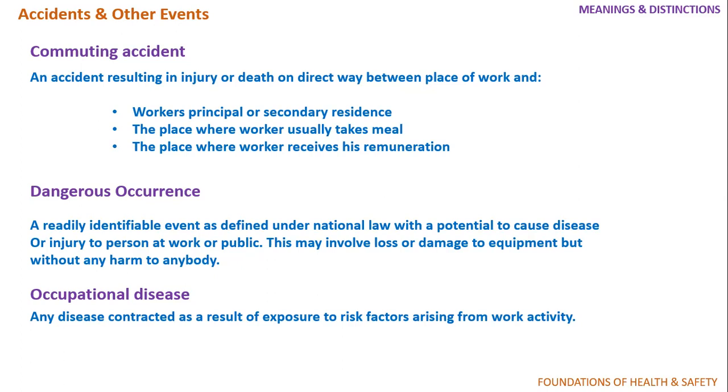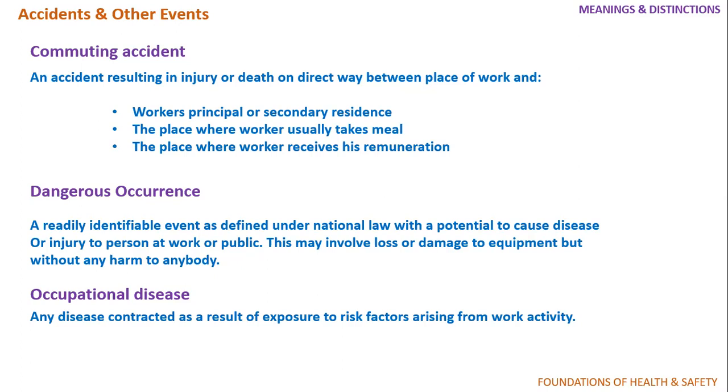Dangerous occurrence. A readily identifiable event as defined under national law with the potential to cause disease or injury to persons at work or the public. This may involve loss or damage to equipment but without any harm to anybody.